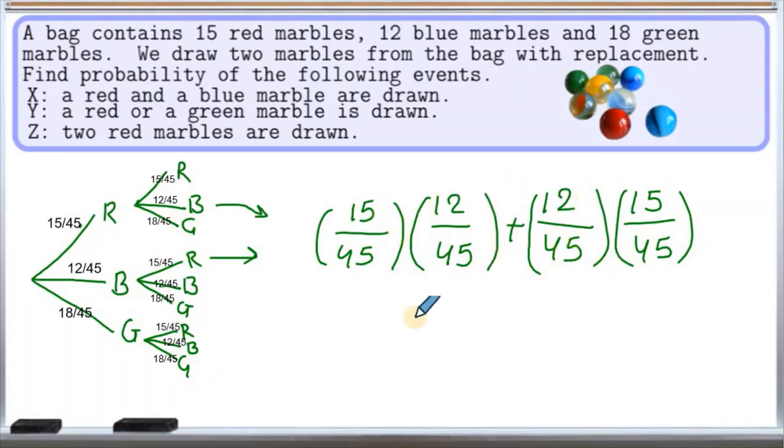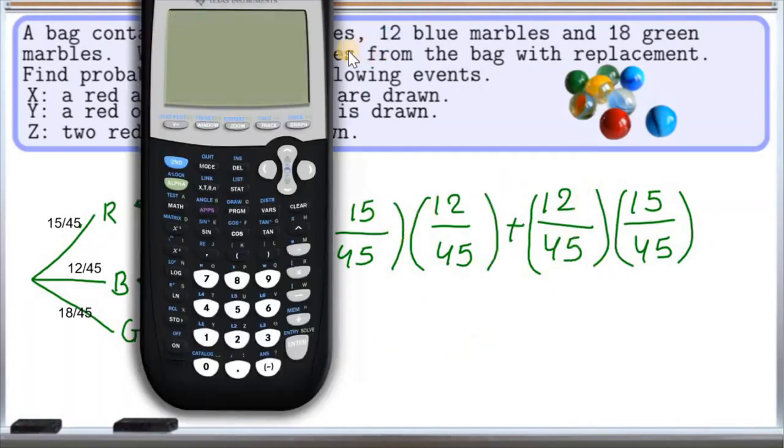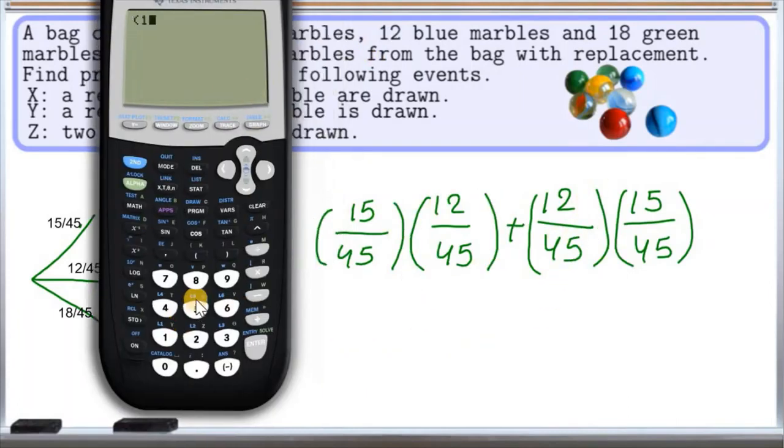Now we just need to evaluate this, so we can just enter everything in a calculator.